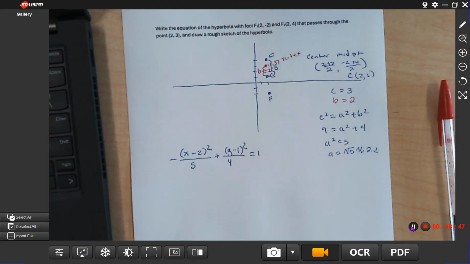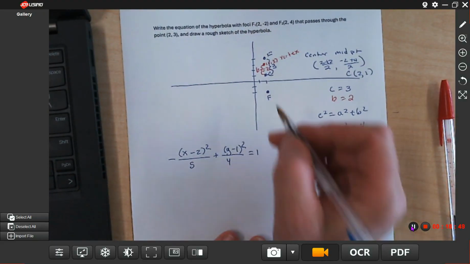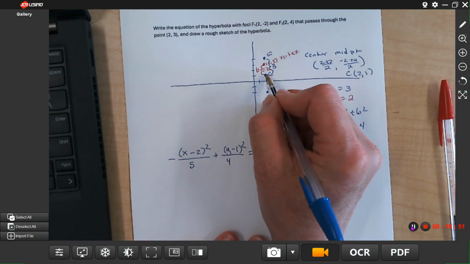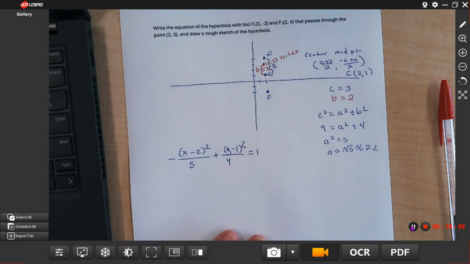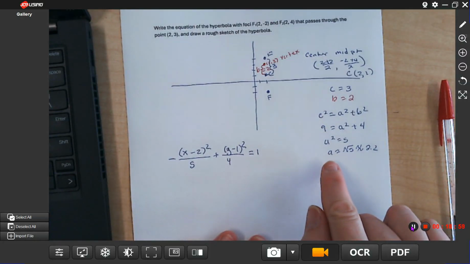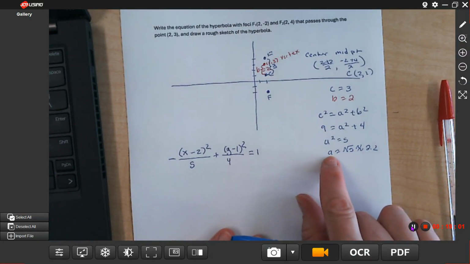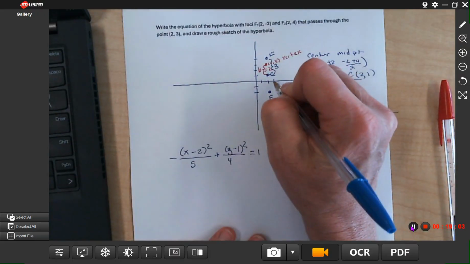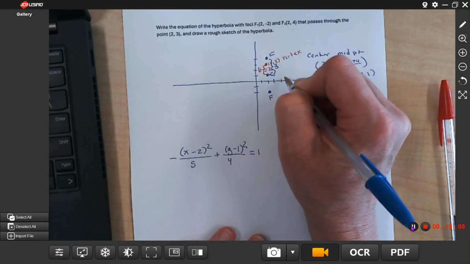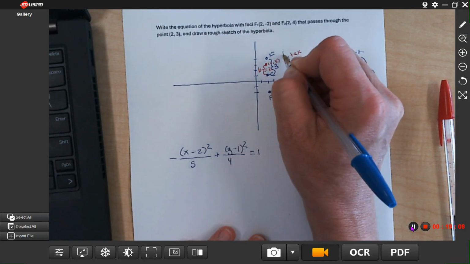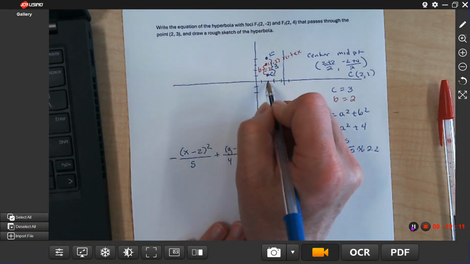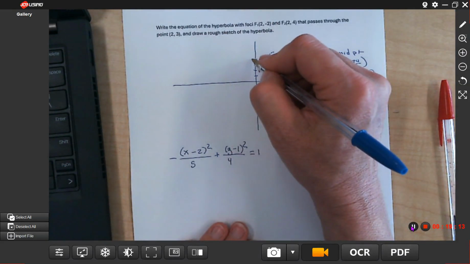So now I'm just going to finish out the graph. So we have to move to the right a distance of A, sorry, because A is horizontal, so that would be about 2.2, so about here, and to the left 2.2, so about here.